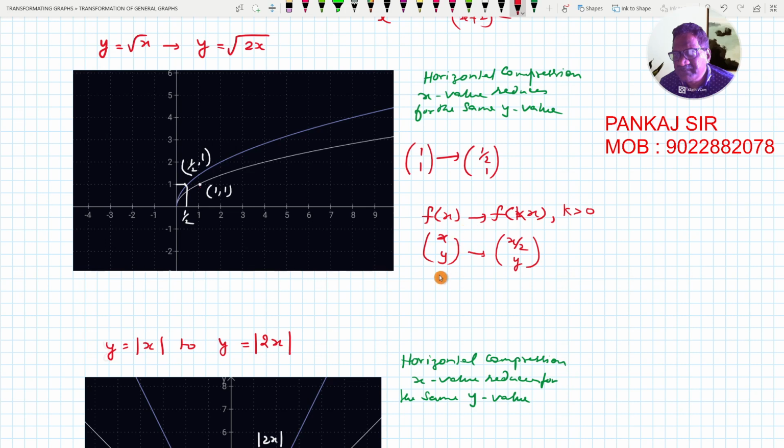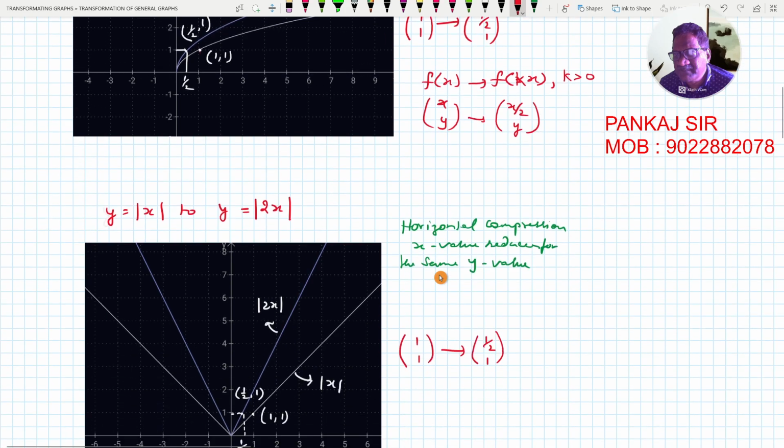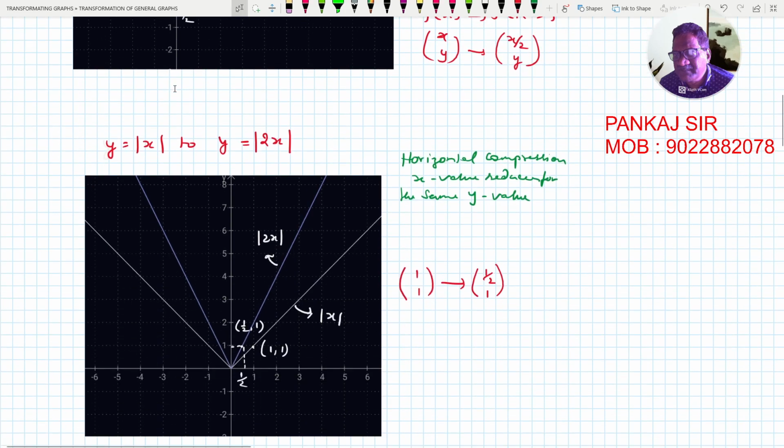In the same way, you can understand modulus of x and modulus of 2x. In modulus of 2x, you can see again that x has been multiplied by 2, or it can be any other number, not only 2, it can be 3, it can be 4, but it should be a positive number. By that amount, you will have to divide the x coordinate, and you will see that there is horizontal compression taking place.